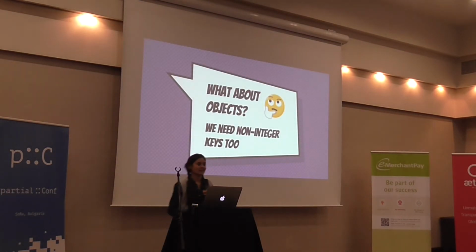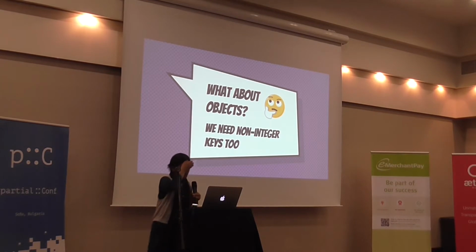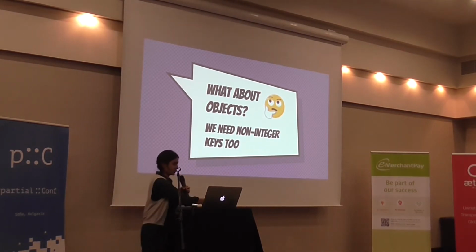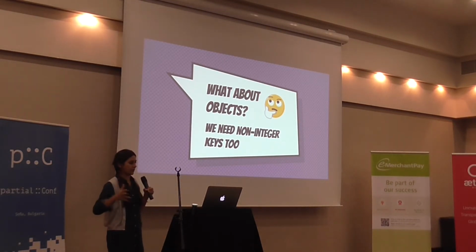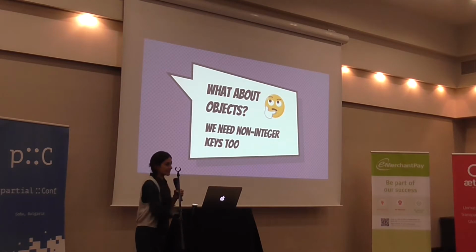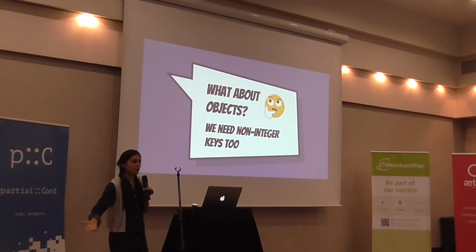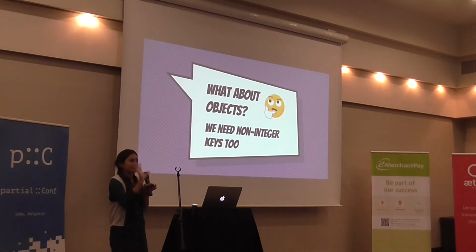Okay. So far I've been talking about array type things where we have indices. We have integers associated with each value. But what about more object type things or map type things where we have arbitrary keys, let's say strings or, well, really anything, because in an immutable world, we could use almost anything as a key. Let's say strings, though.